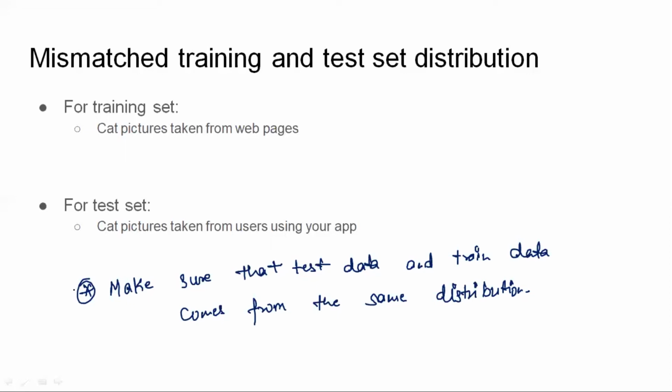Because ultimately our aim is to train our algorithm on real life data, and this data should not be taken from the web pages. This should be taken from the real world where this app or the algorithm is really going to be implemented in future. So make sure that the test data and the training data come from the same distribution.